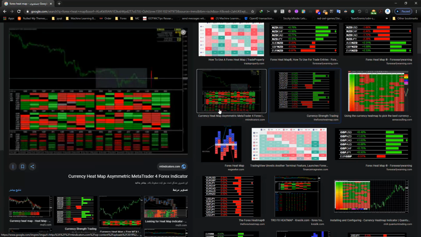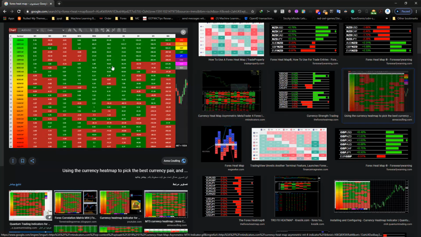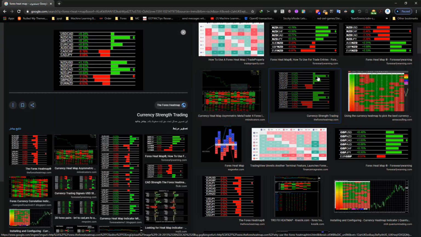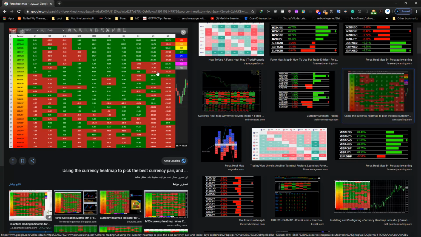They are not really accurate because they are just comparing 2 markets to each other, 2 fiats to each other, comparing their numbers and doing a simple summing of these values and then drawing something fancy for you. This is not how it works. In contrast to this way or this way of looking at heat maps, this way is much better. But again, it's very complicated.